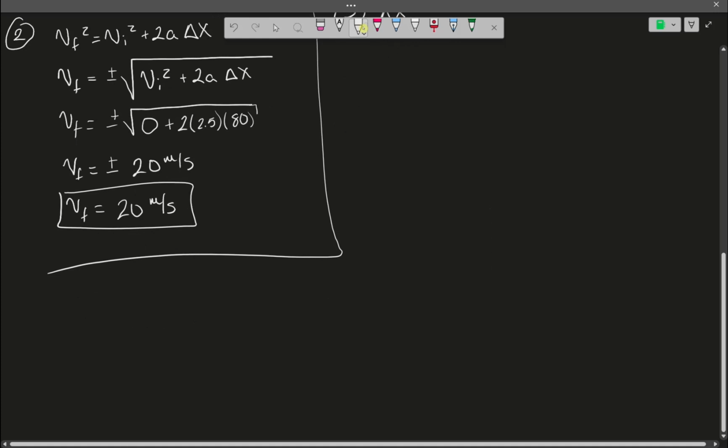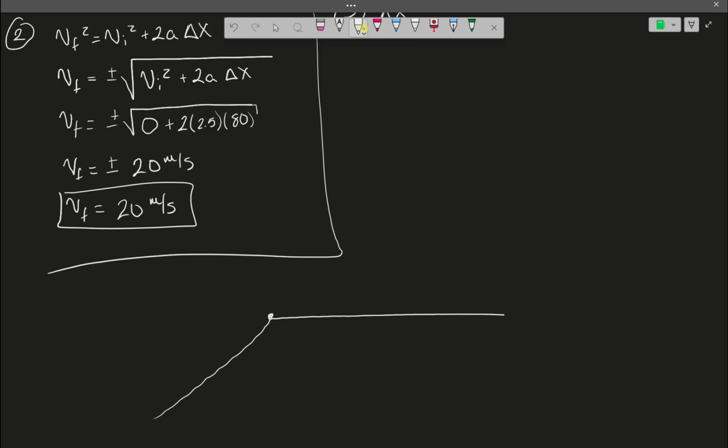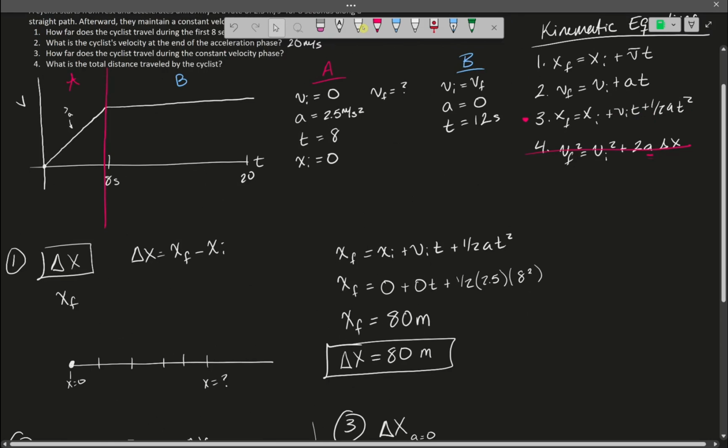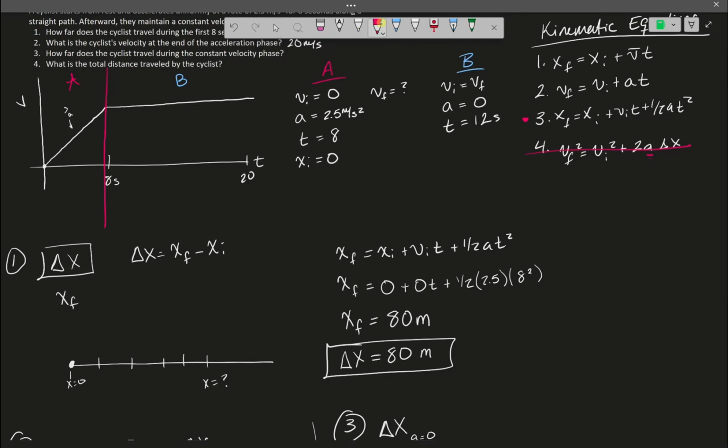This has to be a smooth transition from acceleration into constant motion. If I figure out what my final velocity is at the end of the acceleration, that's going to be the velocity for the rest of the motion of the cyclist. So I have time, and my acceleration would cancel out.